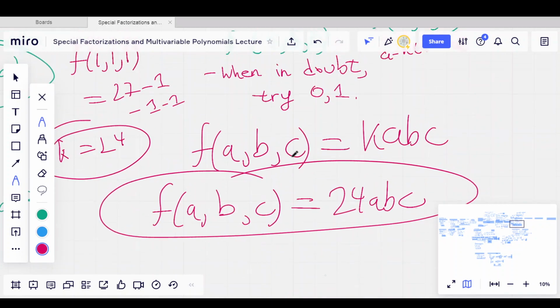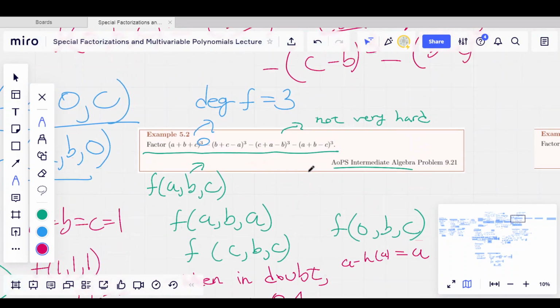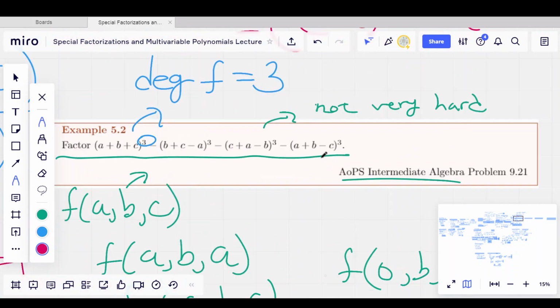It's actually very simple for an ugly expression like this. Usually, the easiest types of multivariable polynomials to factor are symmetric polynomials. So, are they all in the same form or not?